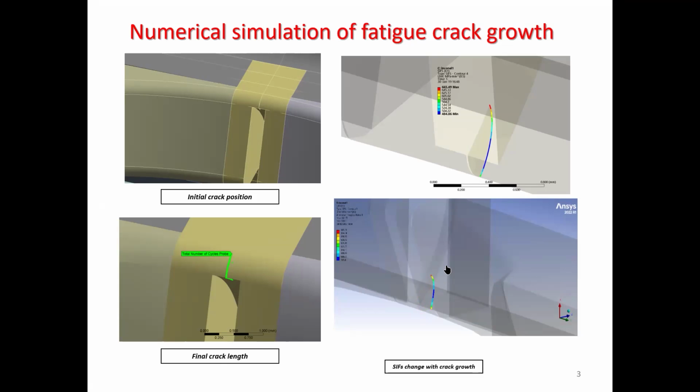Fatigue crack growth, as you already heard, is still a not completely investigated field. And then there are material properties. I will not go into details, but maybe the main issue in these simulations that I am showing as a prologue is how to determine material properties. By that, I mean relatively simple ones, coefficients in Paris law.